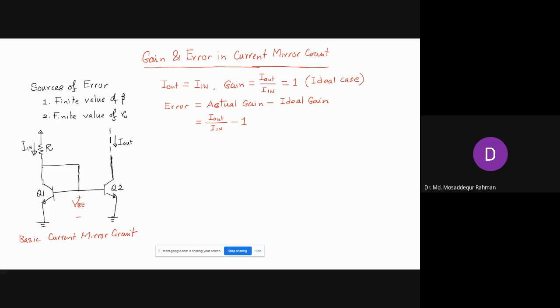The transistor working here like a current source. An ideal current source should have infinite output resistance. But all practical transistors will have some finite value for the output resistance. Is that clear, guys? Any question? No, sir. Okay.